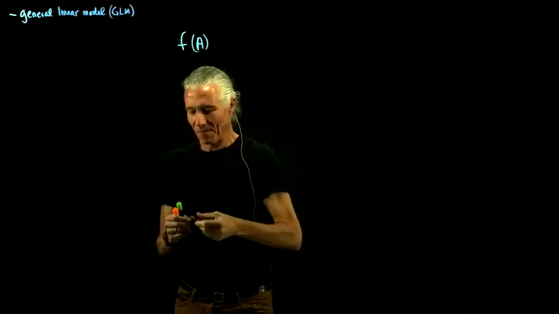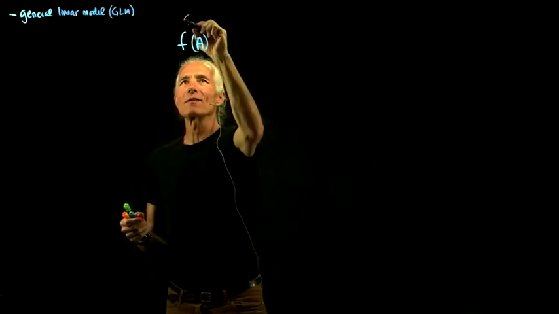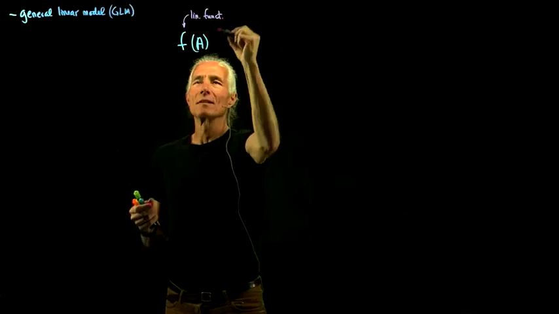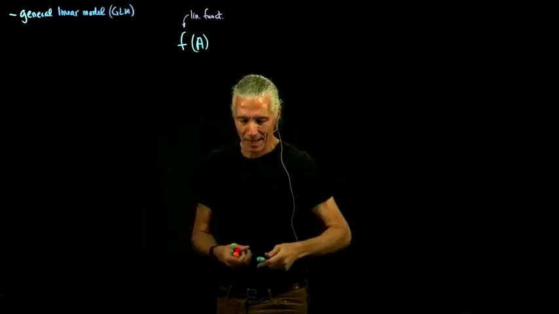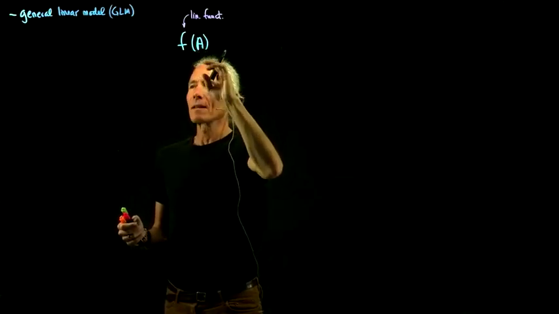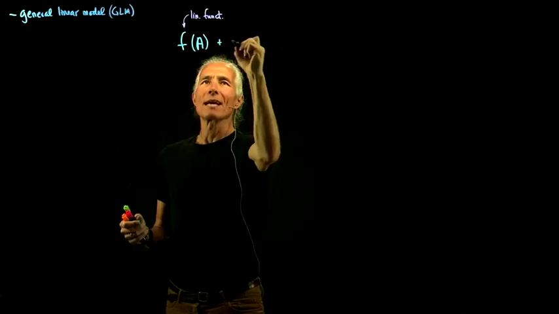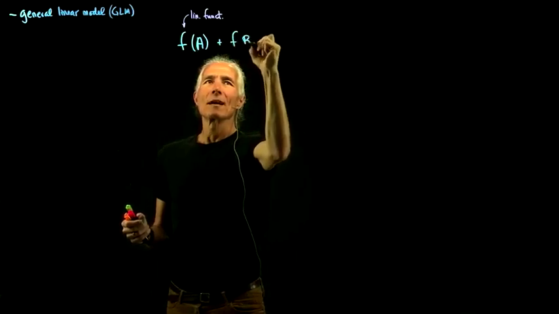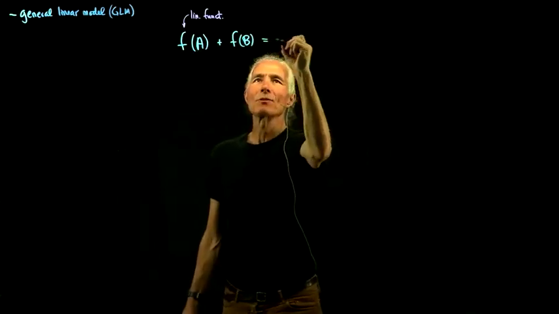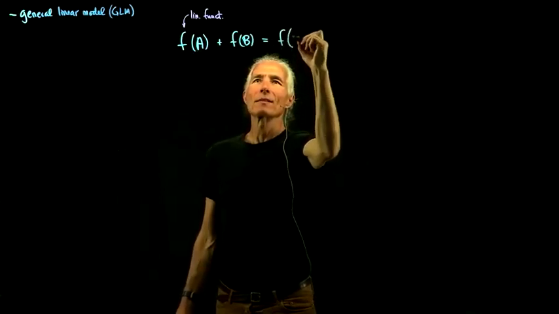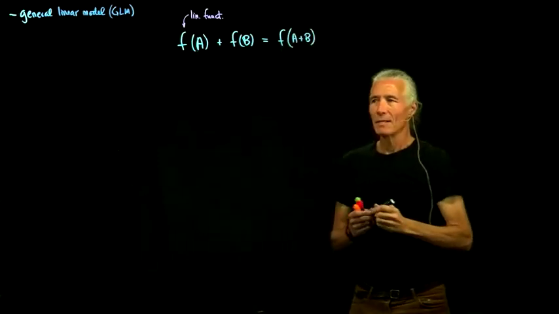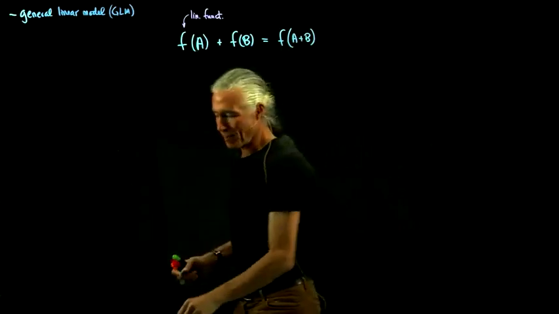If f is a linear function, then if we operate that linear function on some argument, and add it to operating on a different argument, that will be equal to operating the linear function on the sum of the arguments. That's the general definition of linear across many dimensions.